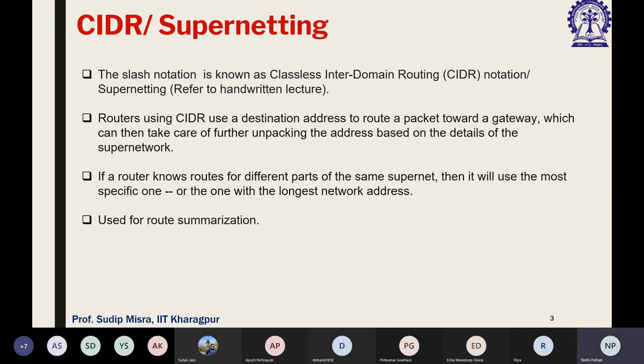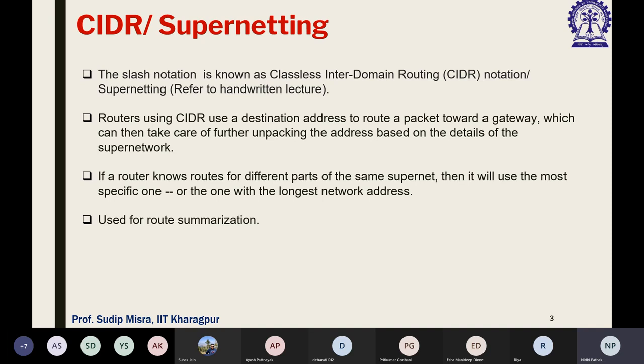Okay, so we can do an AND. I'm sorry, we will not do the AND with the supernet here. So let me revise what I just said.